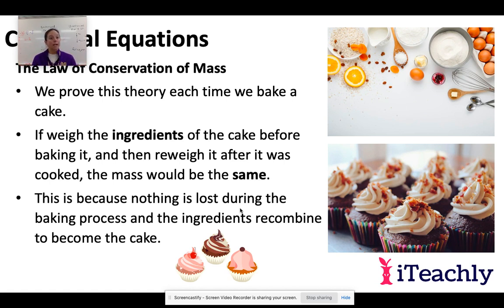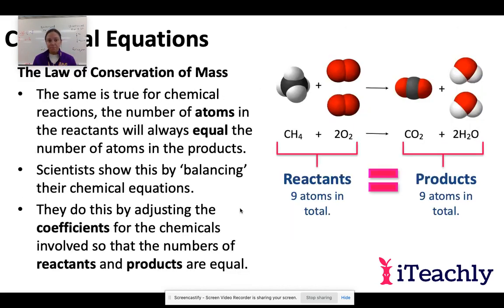Now you also have to remember some things become a gas, and you'd have to weigh that as well, or they wouldn't weigh the exact same. When you get into chemistry class, you will do chemical reactions where you actually demonstrate the law of conservation of mass, that what you started with is what you end with.